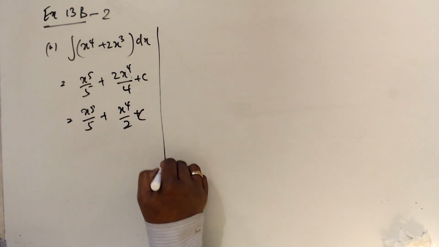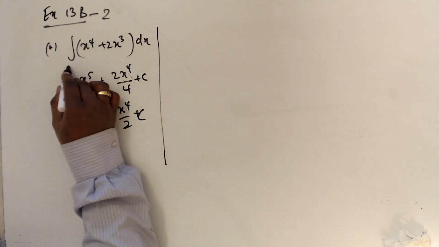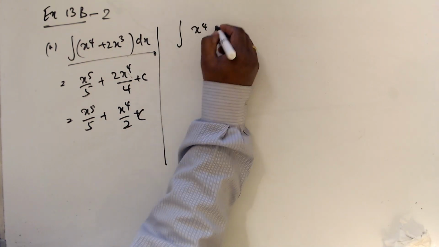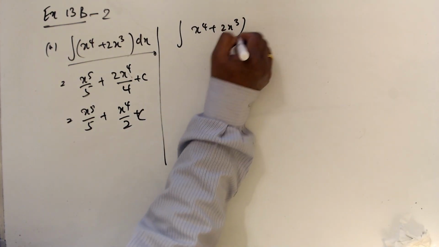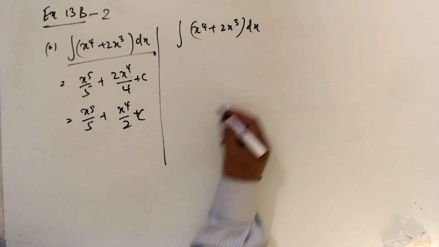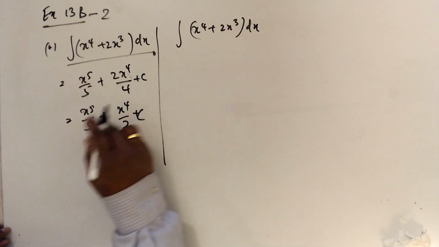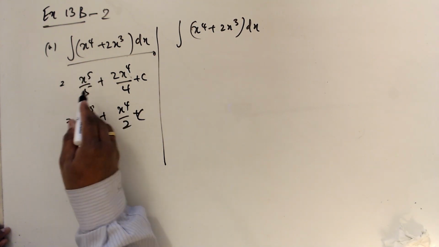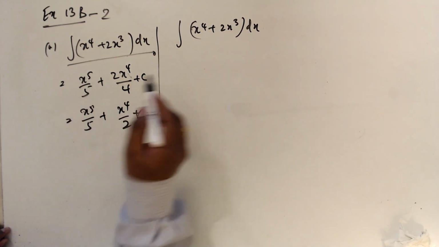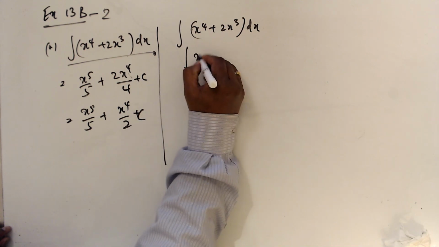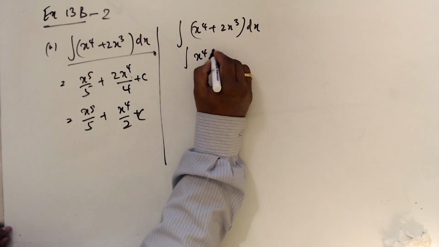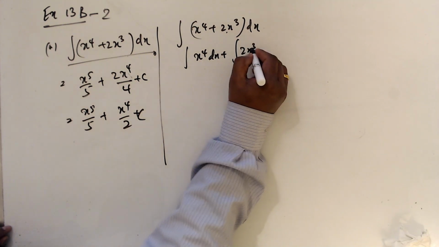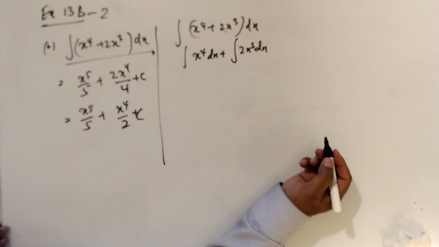Now you can write it like this as well. I rewrite this sum, x^4 plus 2x cubed dx. This is a good way of doing that. We integrate separately, so we can integrate x^4 dx and then integrate 2x cubed dx separately.